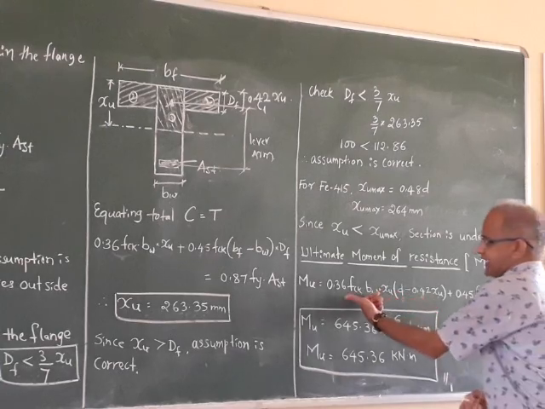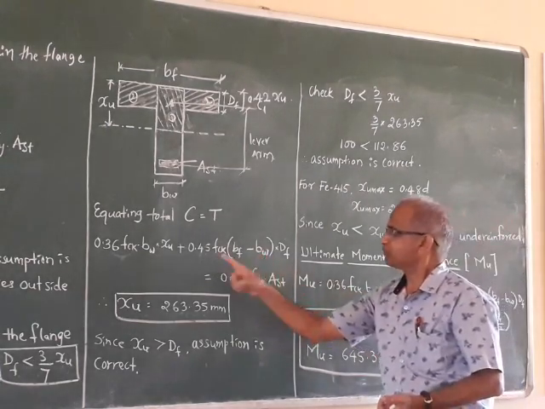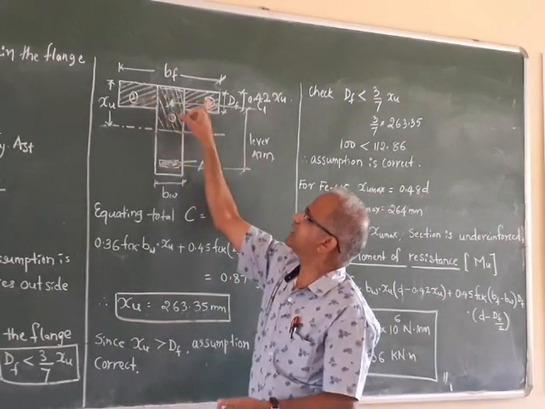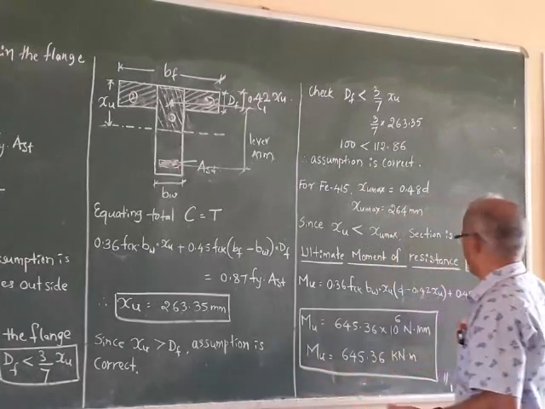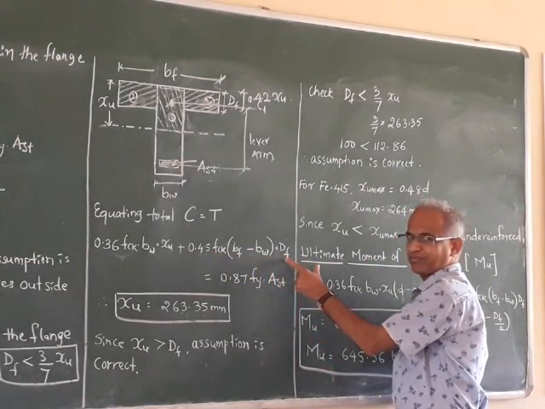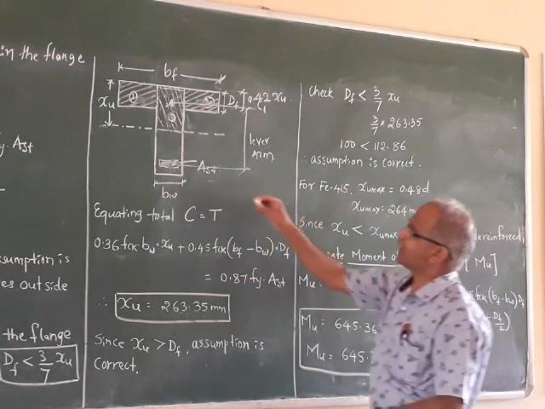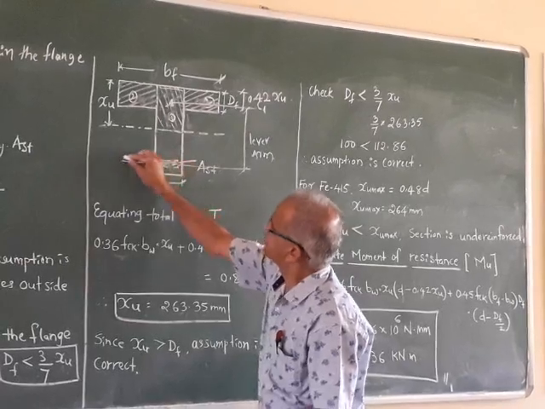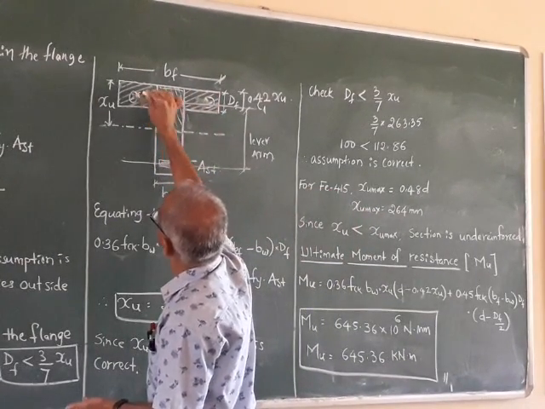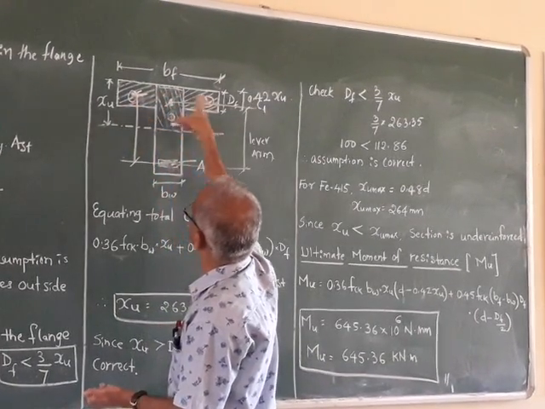That is C1 into lever arm plus C2. See this C2: C2 means the force in these rectangles, that is 0.45 FCK into BF minus BW into DF. This force is multiplied by its lever arm, again from the steel to the center of these two rectangles.